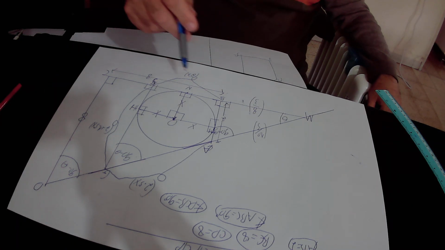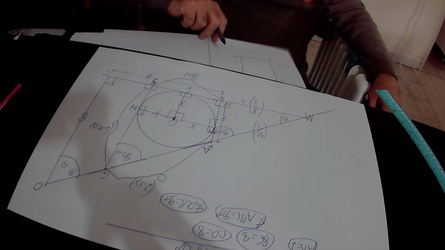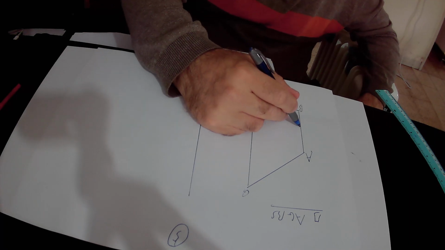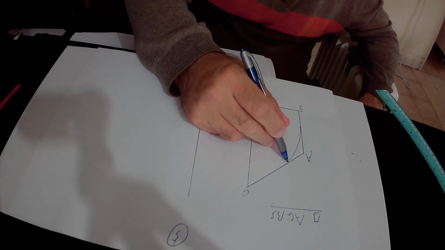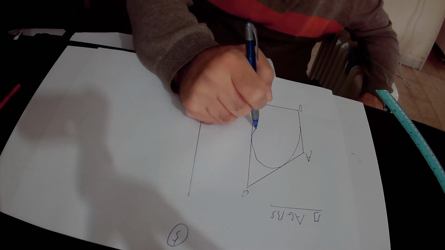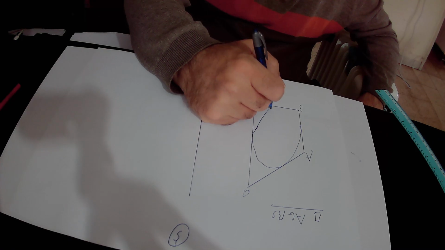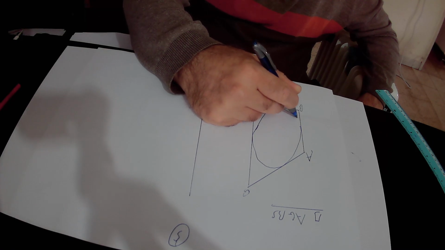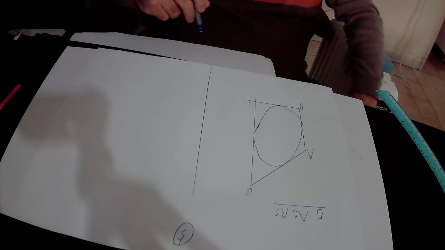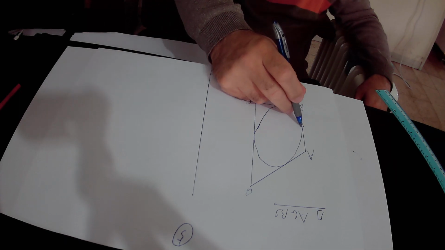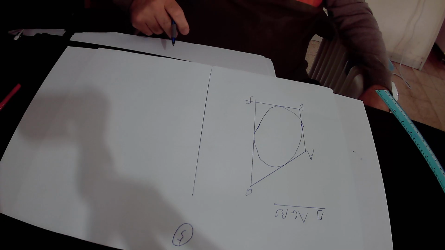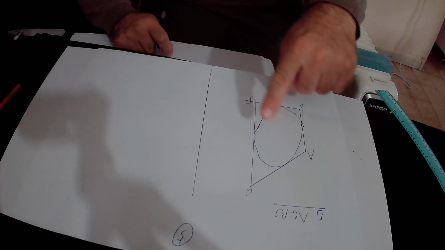This is the circle that the quadrilateral encloses, so I'll copy the circle to the new drawing. The circle touches the quadrilateral at 4 different points: 1, 2, 3, 4.